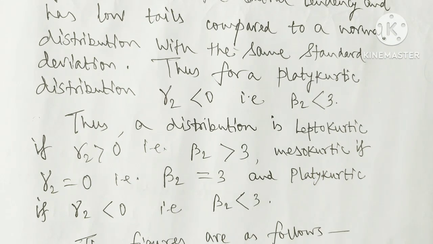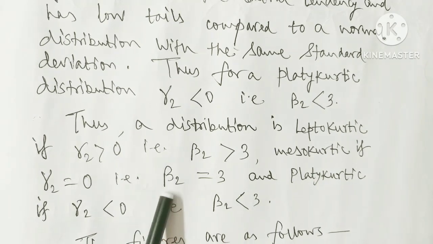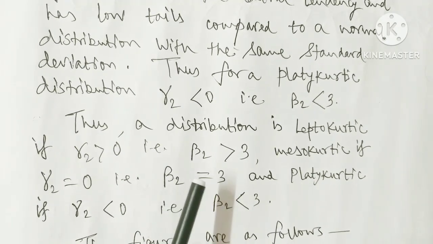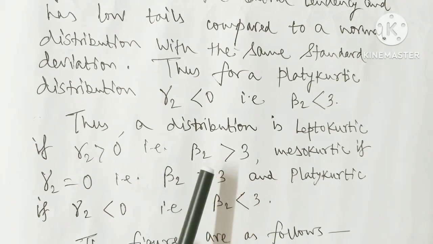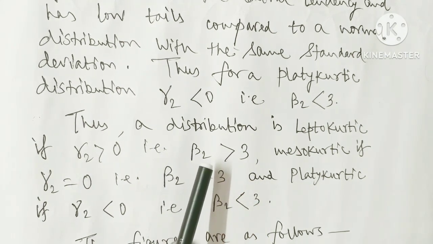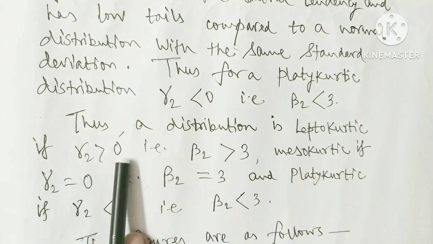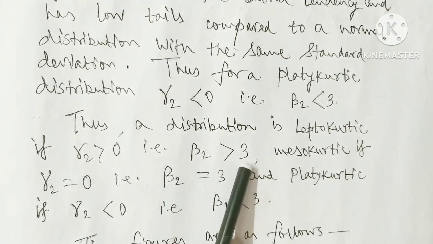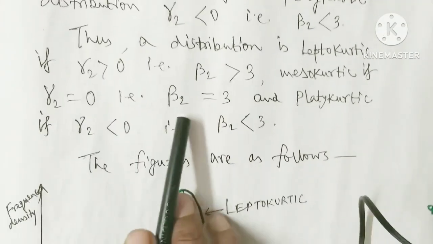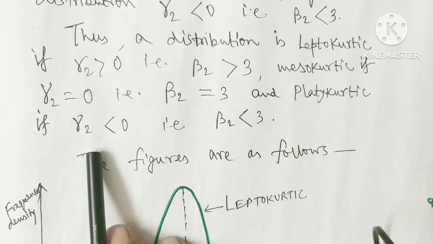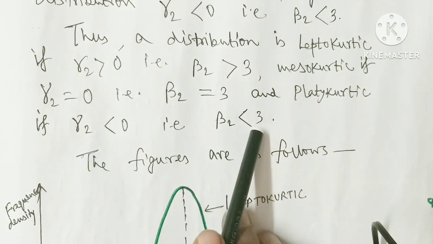Already we have discussed that leptokurtic and platykurtic are measured with respect to mesokurtic. Hence, for mesokurtic, gamma 2 is 0; for leptokurtic, gamma 2 is greater than 0; and for platykurtic, gamma 2 is less than 0. Thus, a distribution is leptokurtic if gamma 2 is greater than 0, that is, beta 2 greater than 3; mesokurtic if gamma 2 is 0 and beta 2 is 3; and platykurtic if gamma 2 is less than 0 and beta 2 is less than 3.